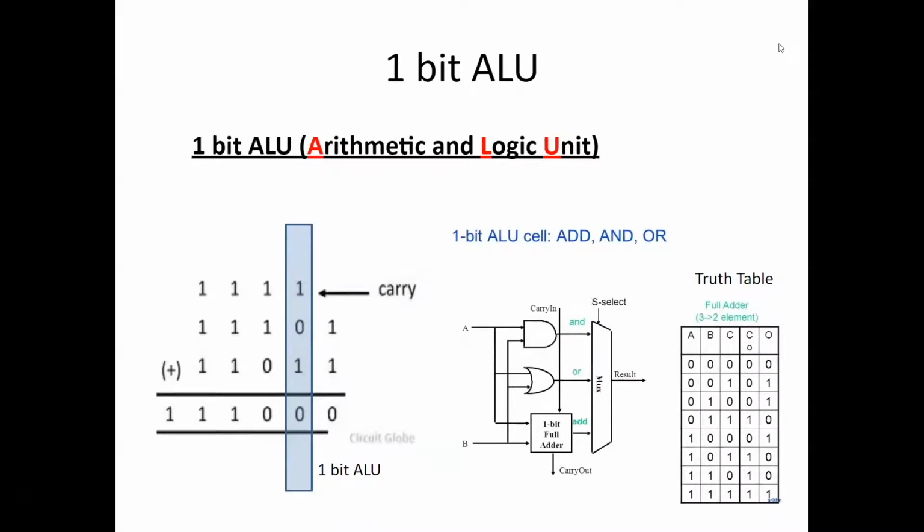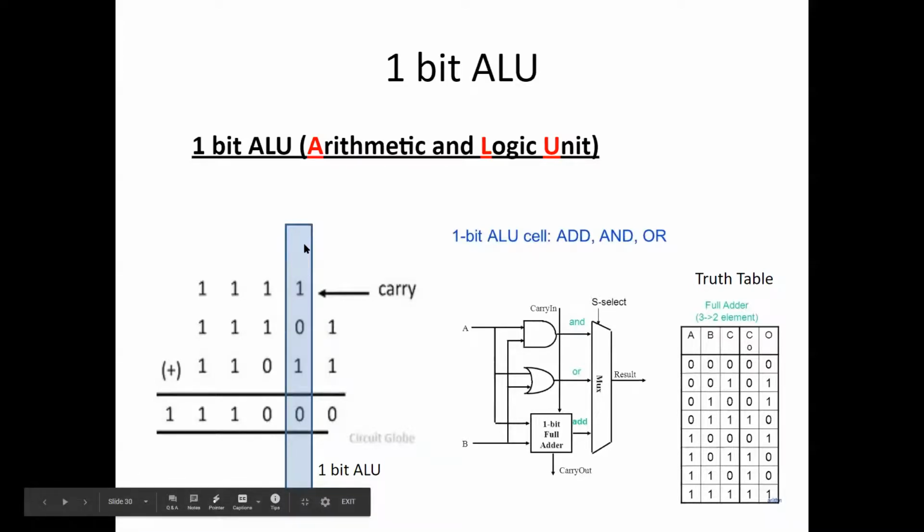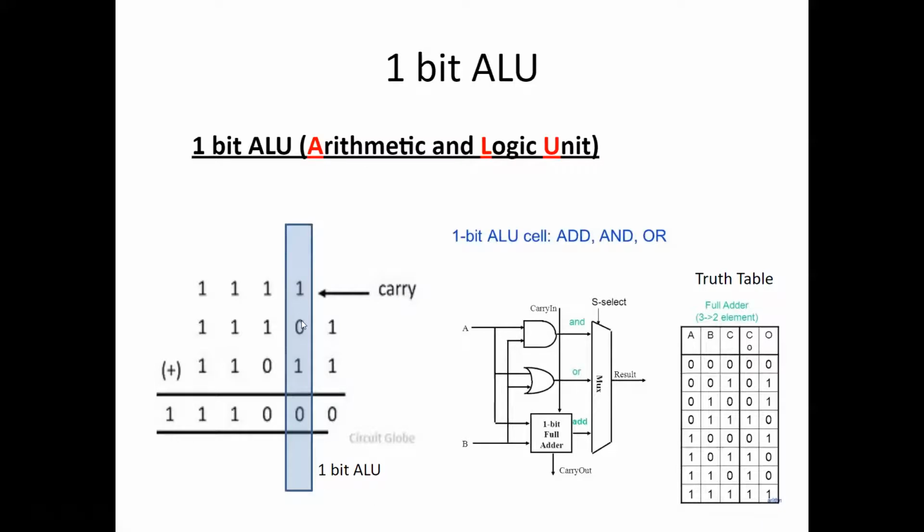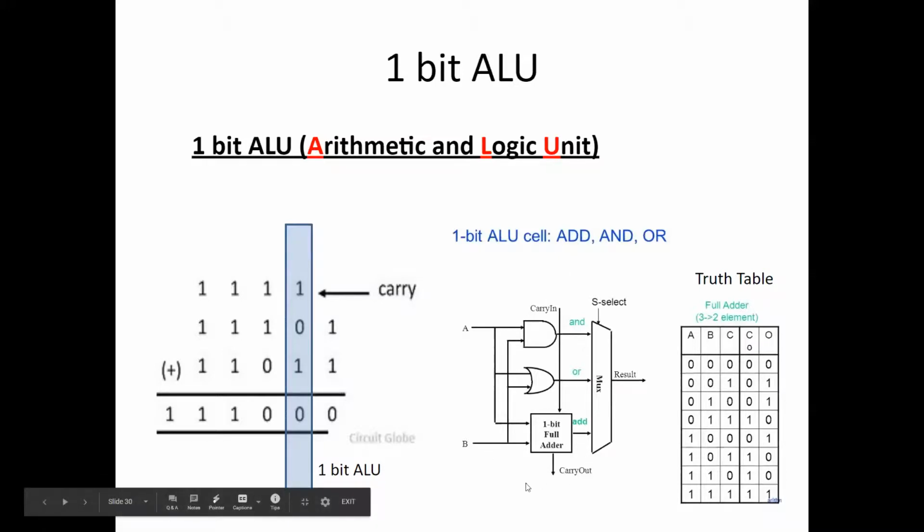So 1-bit arithmetic and logic units. 1 bit would be this column over here. So this cell can be add, and, or. This is what the diagram would look like, and this is what the truth table looks like.